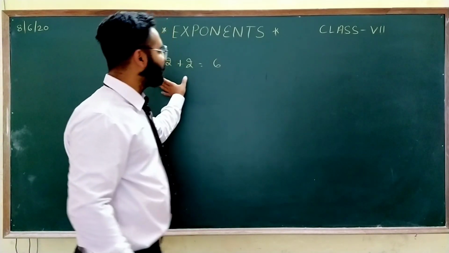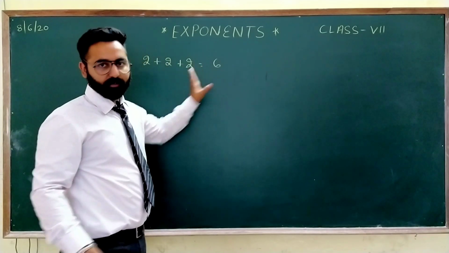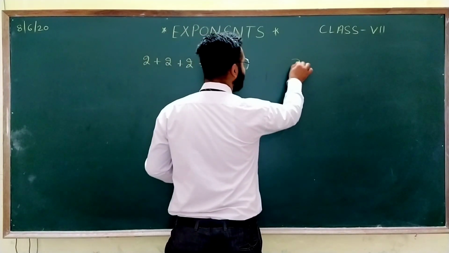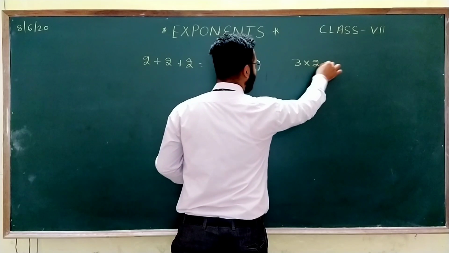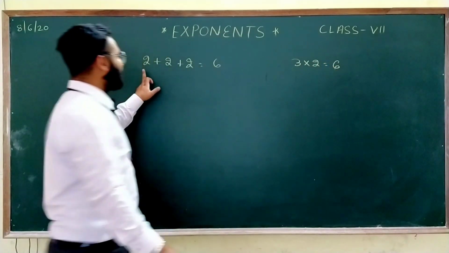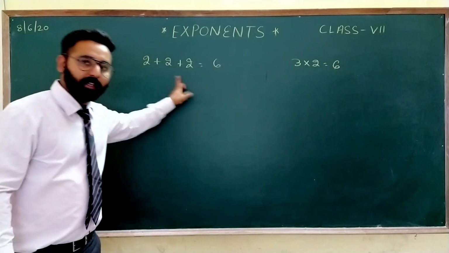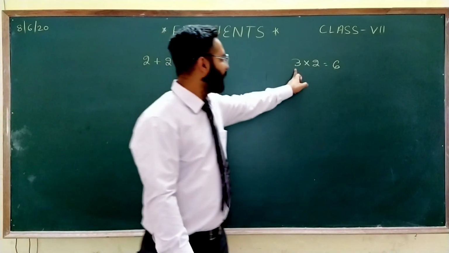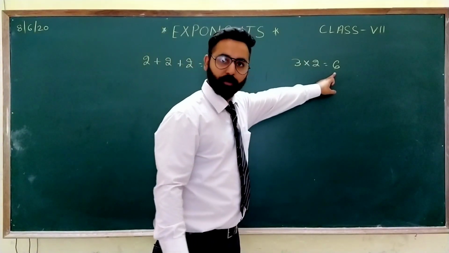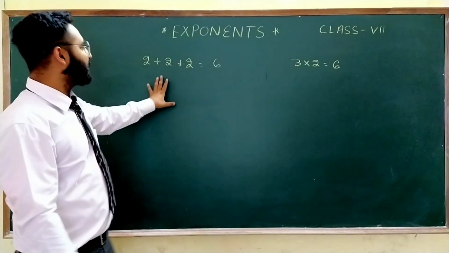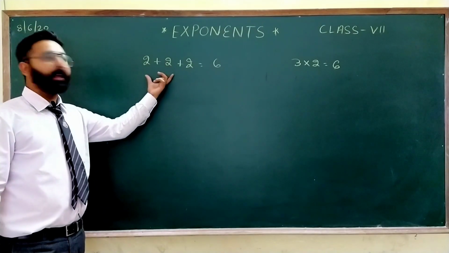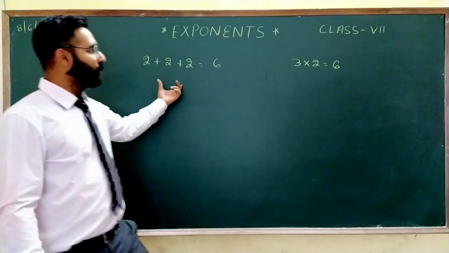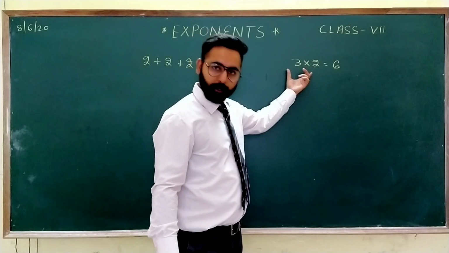There is one more way to write this, and that way is 3 multiplied by 2, because 2 is added to itself 3 times. So 3 times 2 is equal to 6. In simple words, repeated addition can be shown with the help of multiplication.